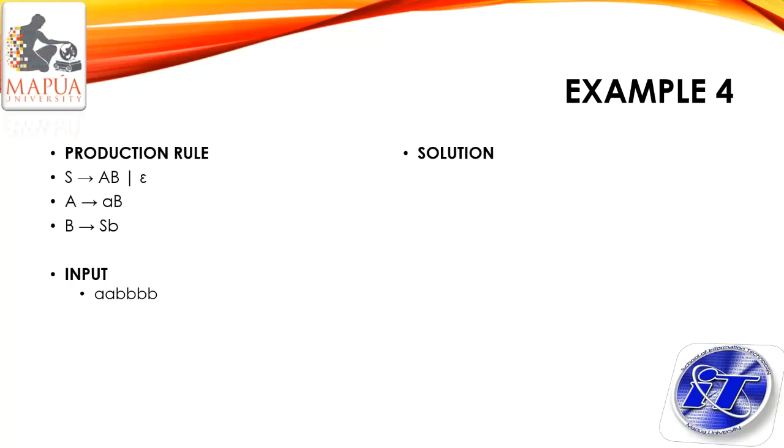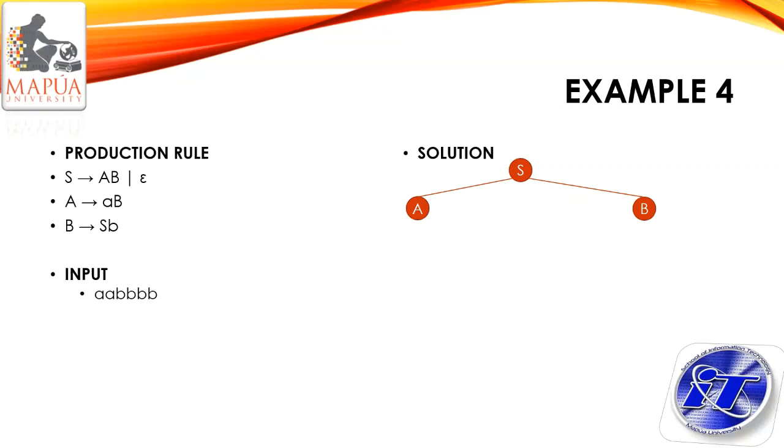Okay, so let's start our solution definitely with the root node, which is the S symbol. And among the two options, which option will be used in replacing S? The first option, definitely. So we're going to have two additional nodes in our derivation tree.